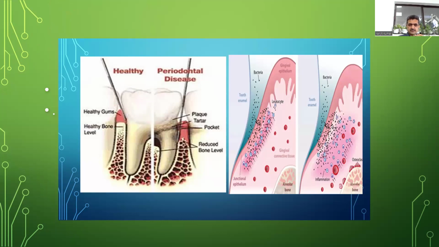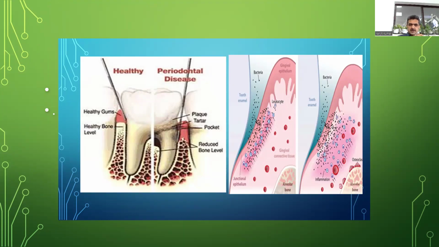In this slide, I have put a comparison of a healthy periodontium with a compromised periodontium with pocket formation, attachment loss, and bone loss.